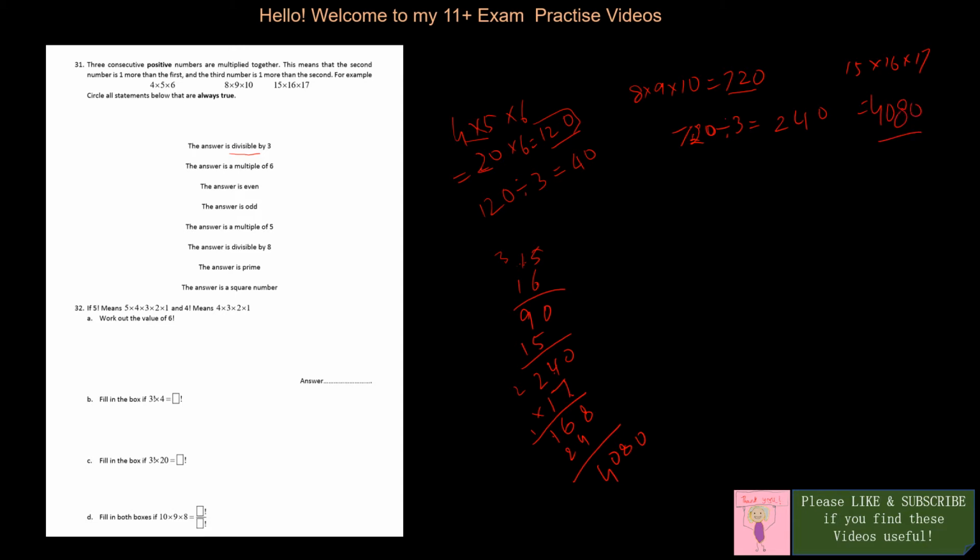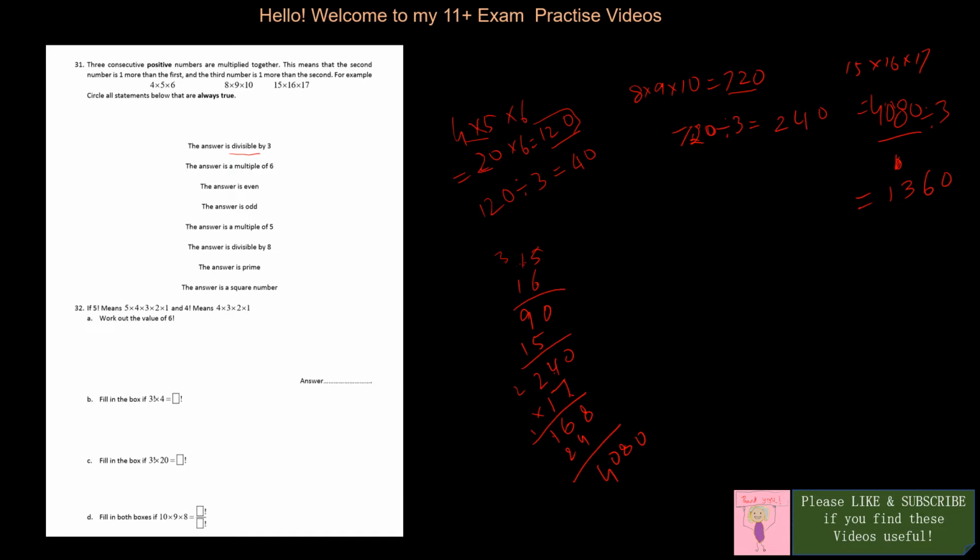And that is divisible by 3 as well. If I divide that by 3, I get 1360.